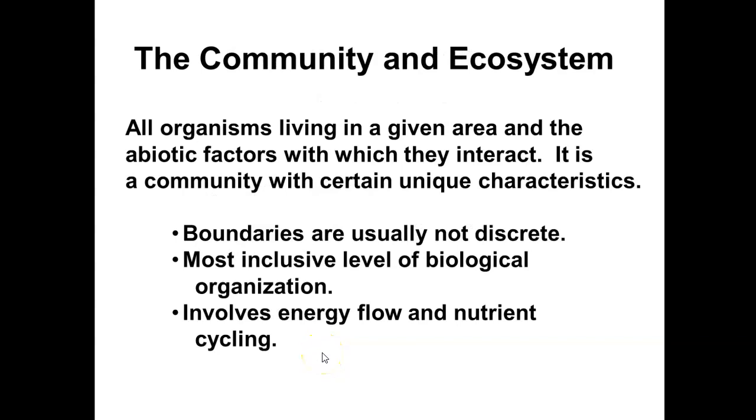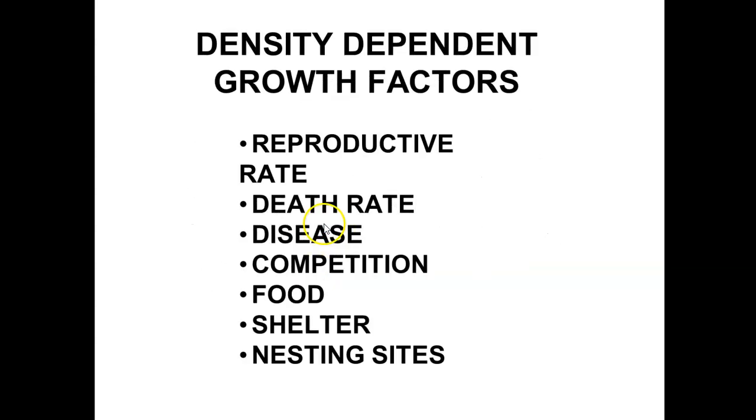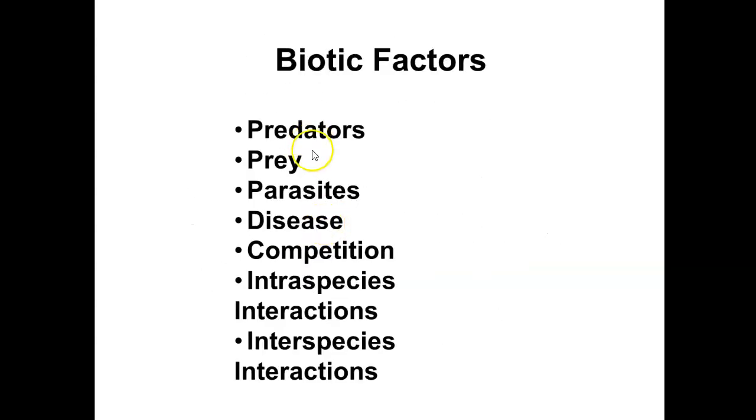All right. So let's talk about a community and an ecosystem. We've talked about that a little bit. So a community is simply all the species that interact with each other in these ways. They make up the community, and that's an ecological community. All right.